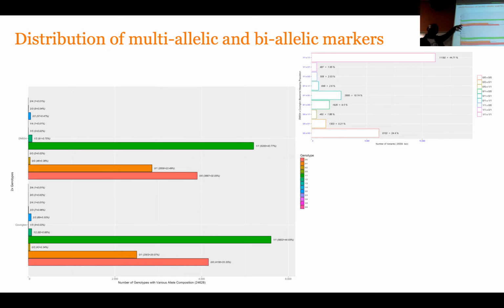So as you increase the number of alleles, the frequency of those alleles drops. They're basically more like minor alleles, and that's what you're seeing here, right? So in most organisms, what you should be seeing most of the time are biallelic markers, 0, 1, and then all the other possible states will be minor.